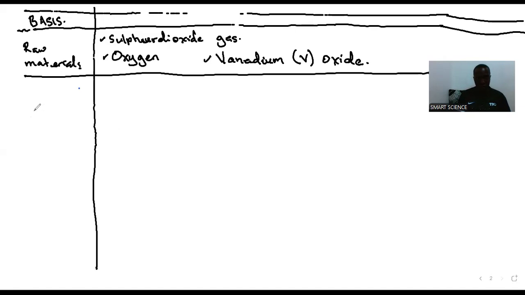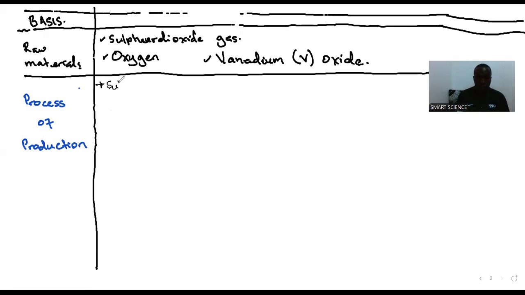into the description. The second response will be on the process of production. This is how we expect our learners to respond to the different questions given. My first response will talk about sulfur dioxide and how it is treated.